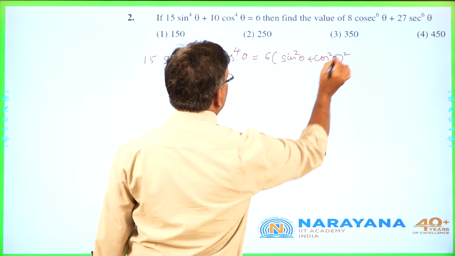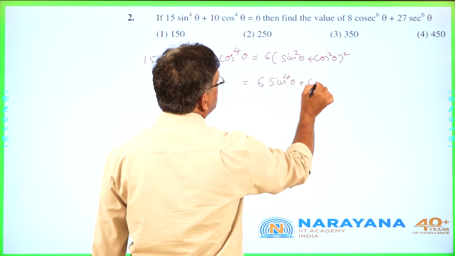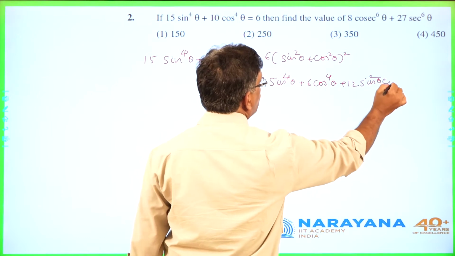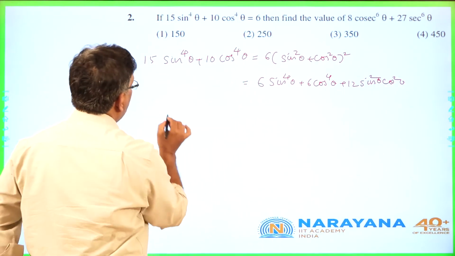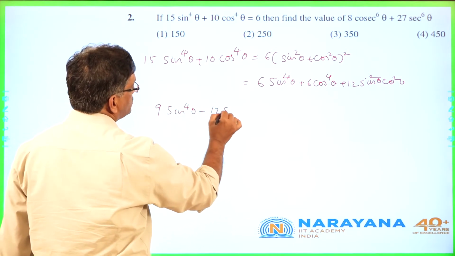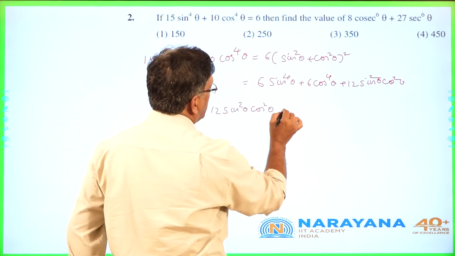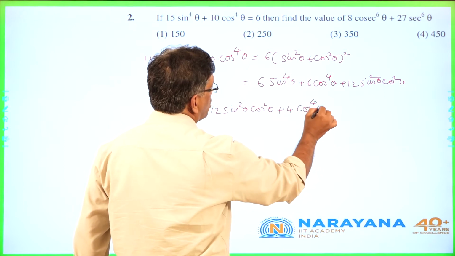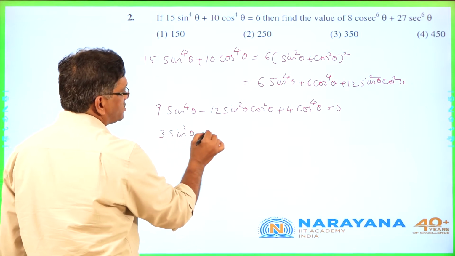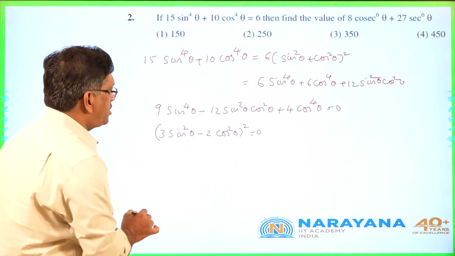That one I can write as 6 sin power 4 theta plus 6 cos power 4 theta plus 12 sin square theta cos square theta. 15 minus 6 is 9 sin power 4 theta, minus 12 sin square theta cos square theta, 10 minus 6 is 4 cos power 4 theta, equal to 0. It is a perfect square: (3 sin square theta minus 2 cos square theta) whole square equals 0.